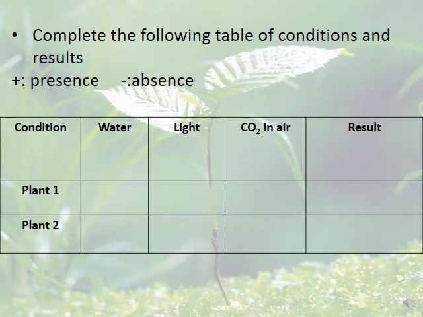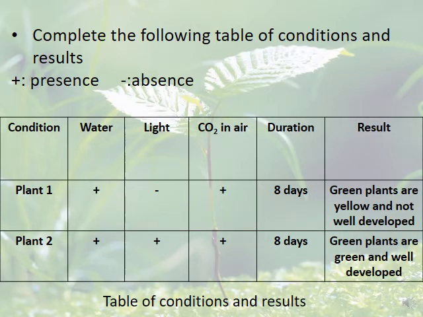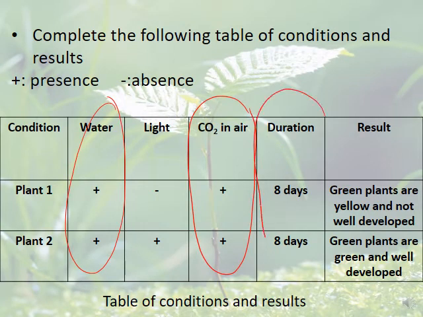So let's complete the following table of conditions and results, where plus means presence and minus means absence. Both plant 1 and plant 2 have water, both have CO2 in air, and both have a duration of 8 days, while the difference is the light.